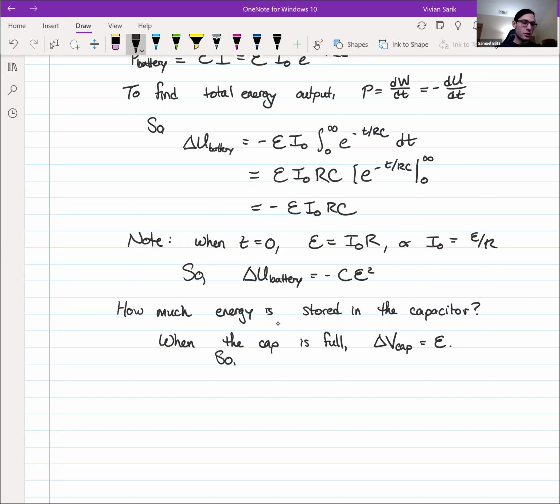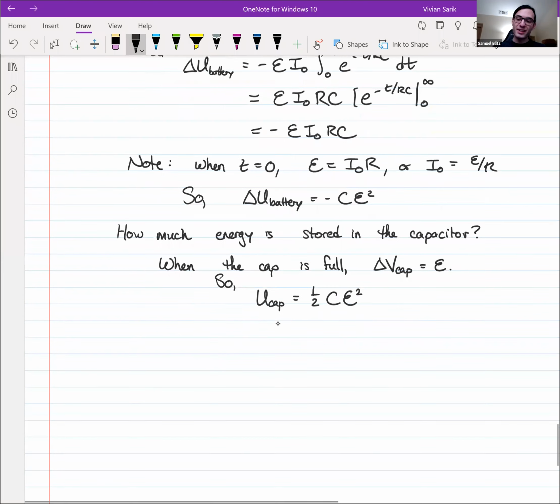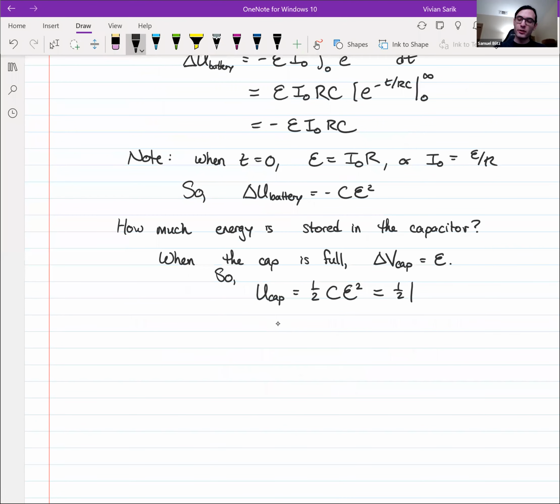So the energy stored in that capacitor, one of the formulas was 1/2 C V squared. In this case, V is the EMF value, so it's 1/2 C E squared. And that's precisely equal to half of the change of energy in the battery.